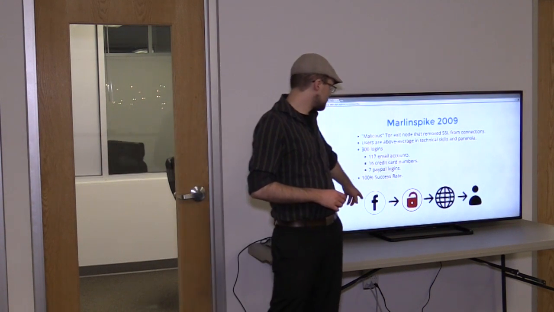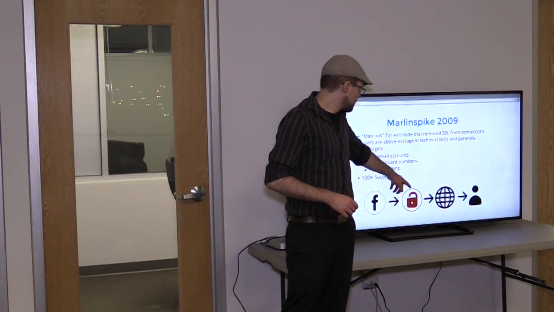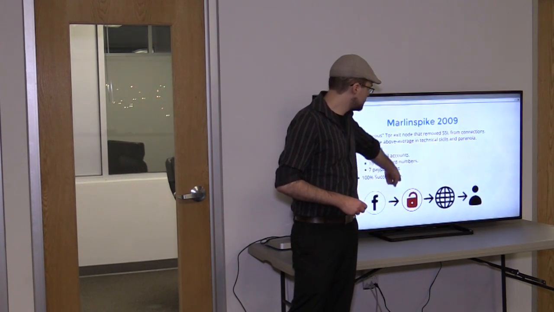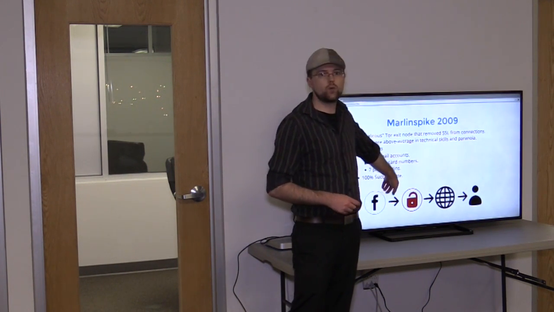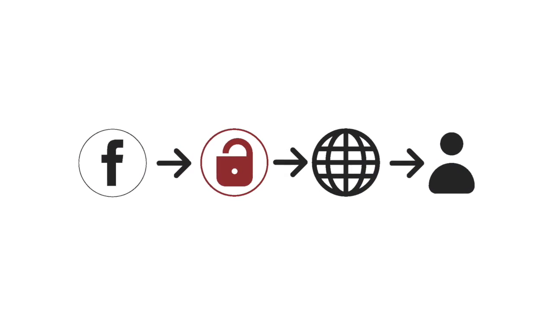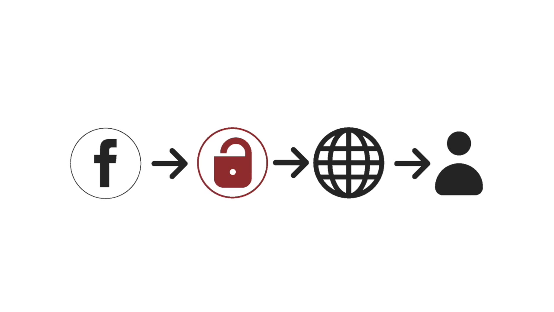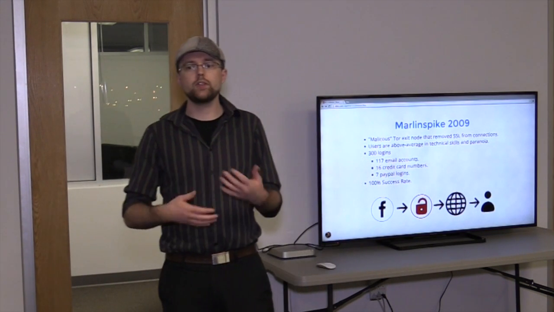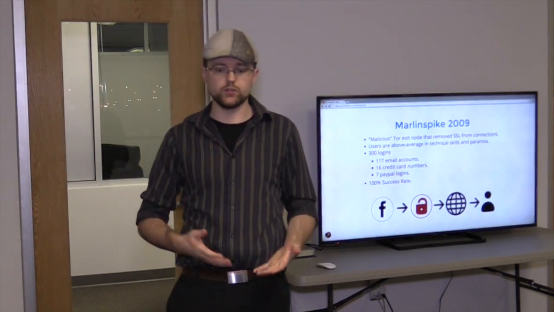What would happen is you would go to Facebook, and Facebook would send the message to his Tor exit node, which would remove the encryption so the icon was no longer there. It would then go through the anonymity network and pop out to the user. So everything was secure for the user, but the icon was no longer there.